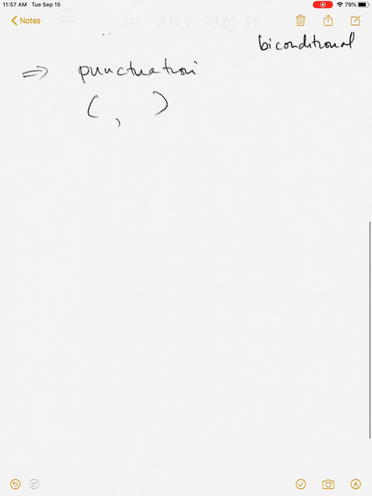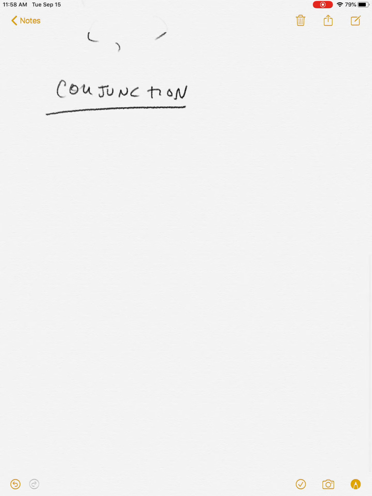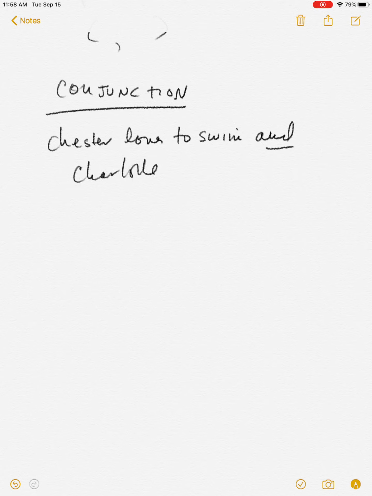So what I want to do now is to take a look at conjunction. So let's consider an and sentence. Chester loves to swim, same old simple sentences, and Charlotte enjoys logic puzzles.